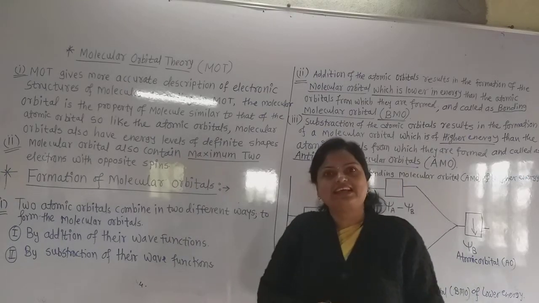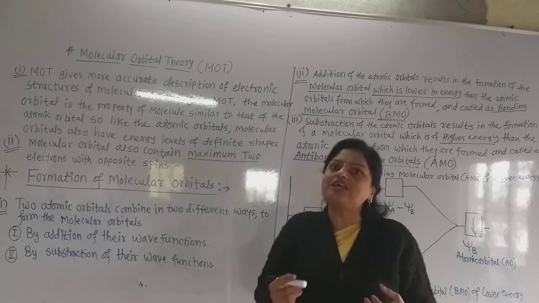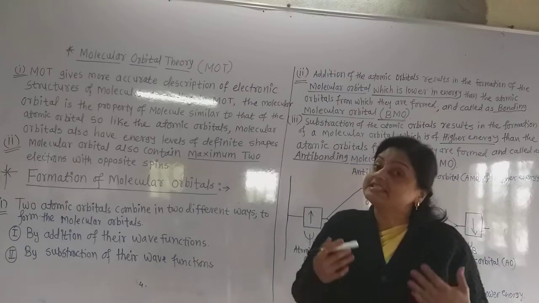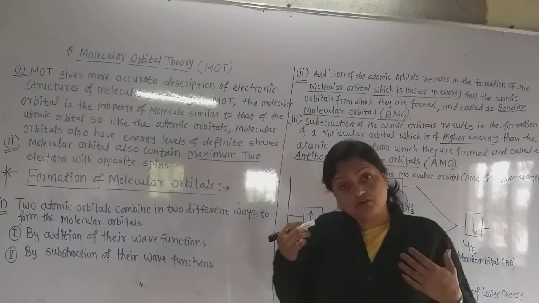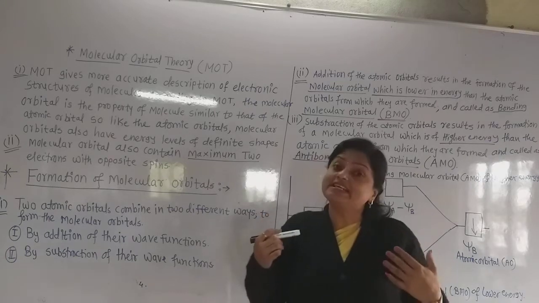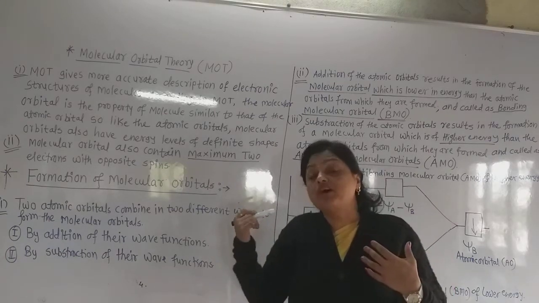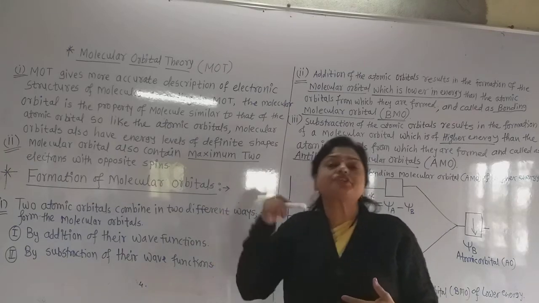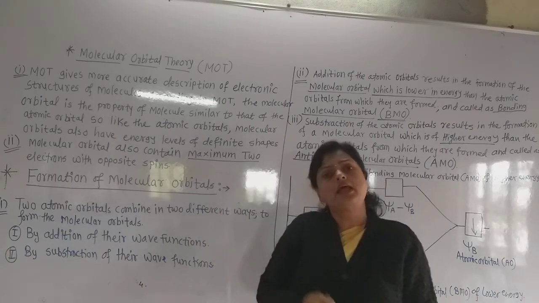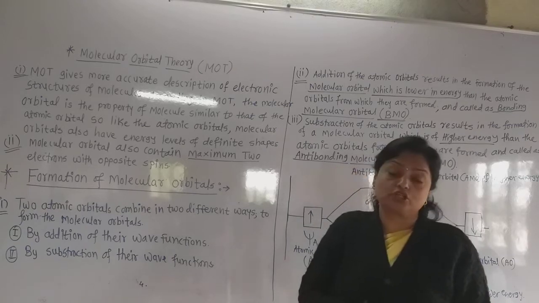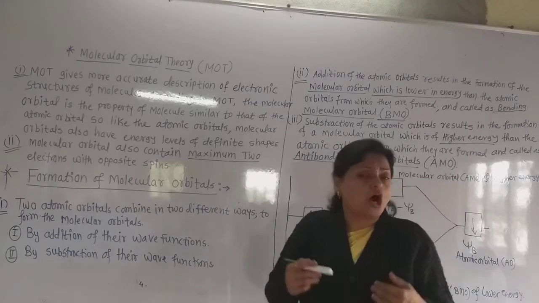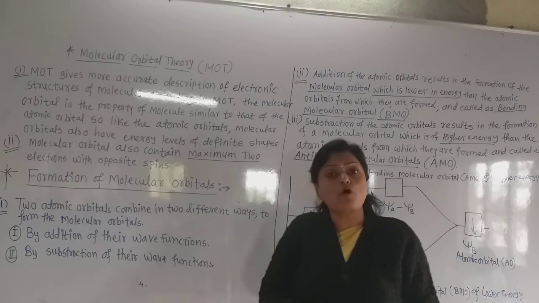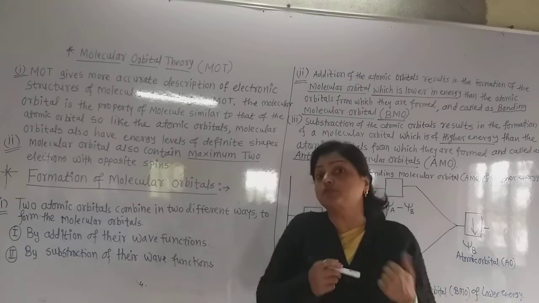They have symbols such as sigma and sigma star: 1s sigma star, 1s sigma, 2s sigma star, 2s sigma, and pi molecular orbitals are also there. Let us see how these molecular orbitals are formed when molecules are formed from atoms.